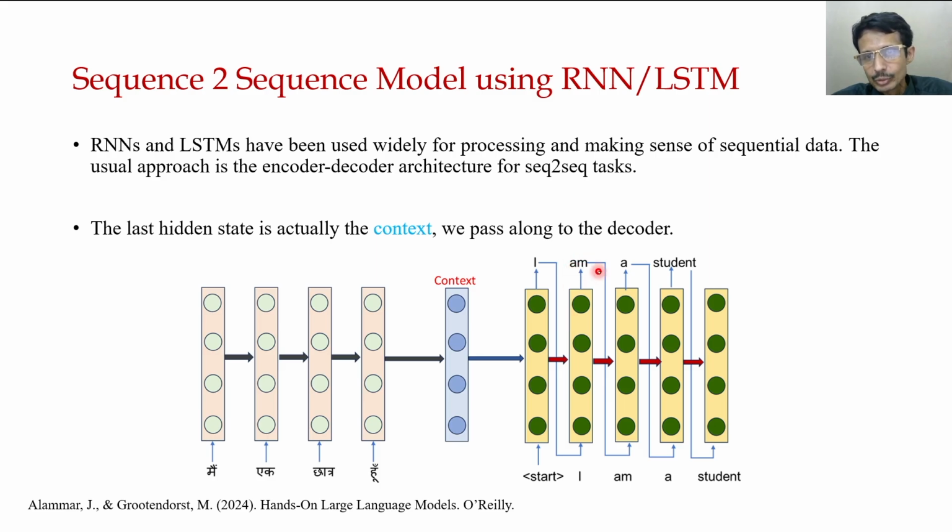Then this second output comes as input to the third instant of time, and we get the third target output. Then this output again goes as input to the next state, and so on. So this is the normal sequence to sequence model architecture that we have explained to some extent earlier.